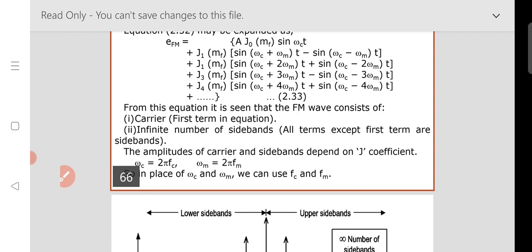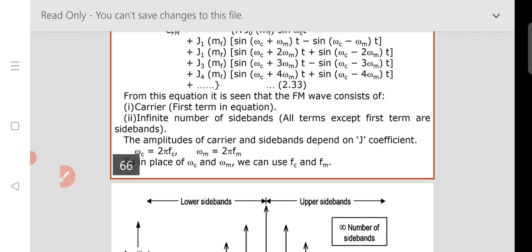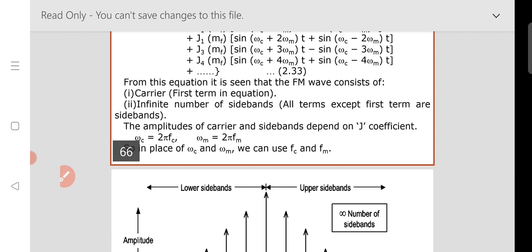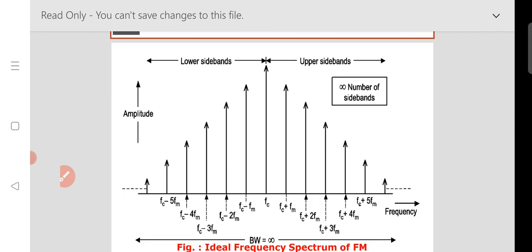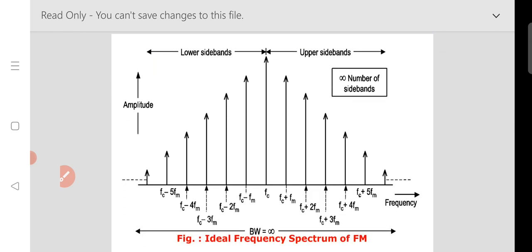So the amplitudes of the carrier and side bands are given by J coefficients. Omega is equal to 2 pi fc, omega m is 2 pi fm. So in place of omega_c and omega_m, we can use fc and fm also. Already told, this is the spectrum diagram of the FM wave. You just observe this.